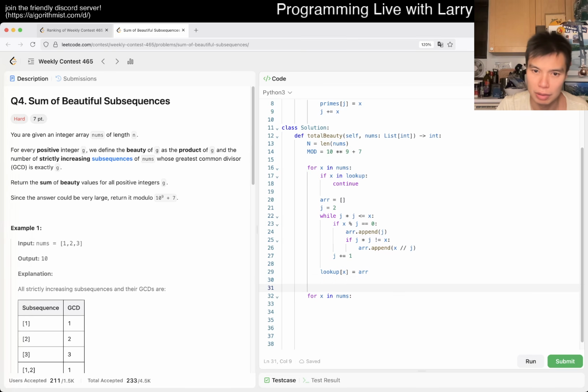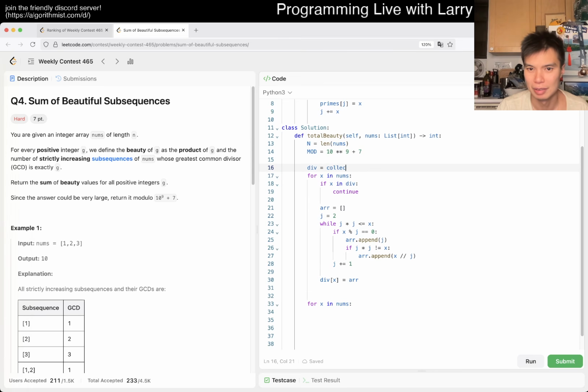And what we want is also, I got everything lookup. Actually I guess I could just do this.